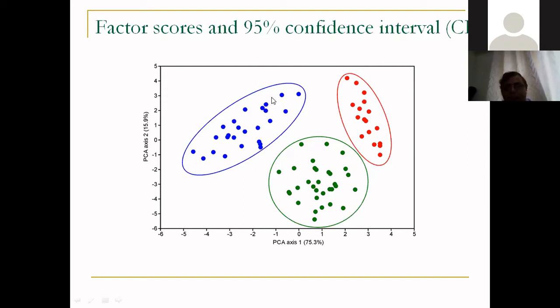This means that based on my data, blue points over here, I expect that most of the organisms of this blue type will be in this interval. So 95% of the population should be in this blue interval. 95% of the population of red will be in this red interval. 95% of the green will be in this green interval. Obviously, 5% of the population might be outside this ellipse, but 95% of them will be in this ellipse.